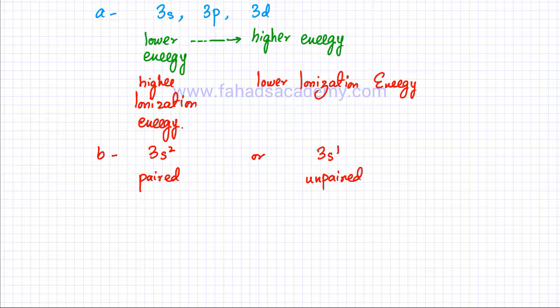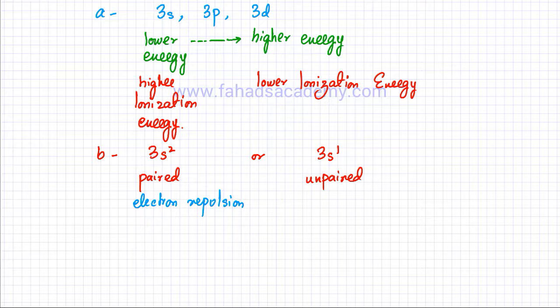Now remember one thing, that when you're trying to remove an electron from the 3s2 orbital, there would be more electron-electron repulsion. So both electrons would be repelling each other because they are existing in the same region.